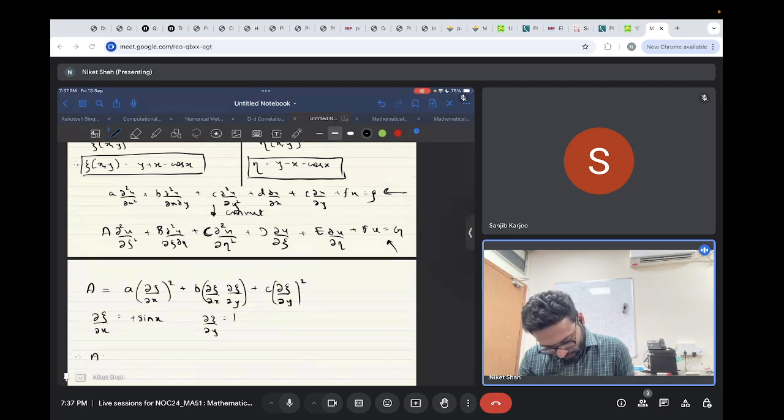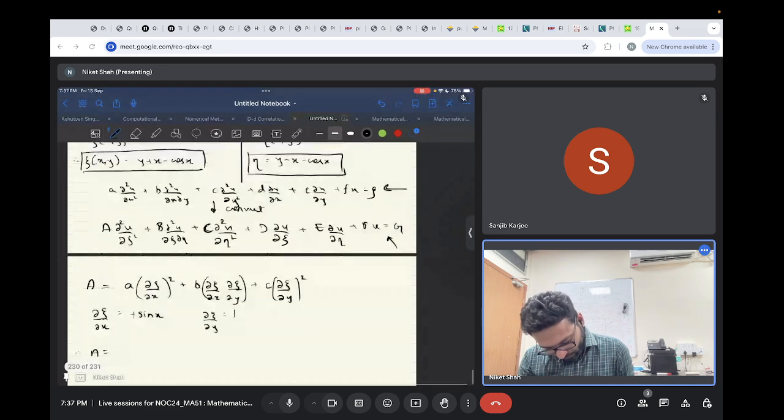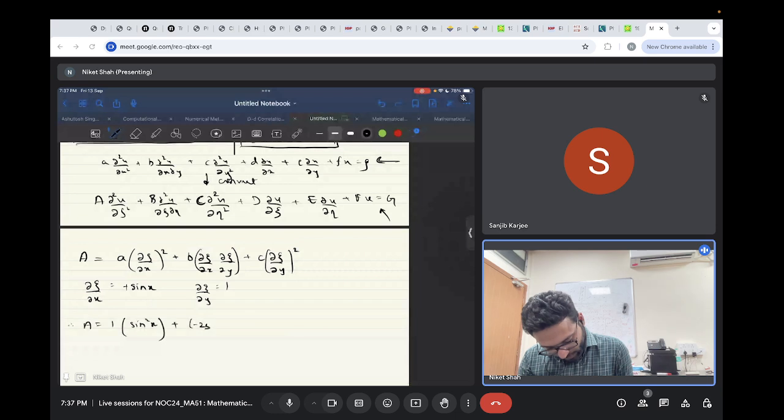Therefore, a is equal to, what is small a though? Small a is 1. 1 into sine square x plus b. What is b? b is minus 2 sin x. del zeta by del x is sin x into 1 plus c.